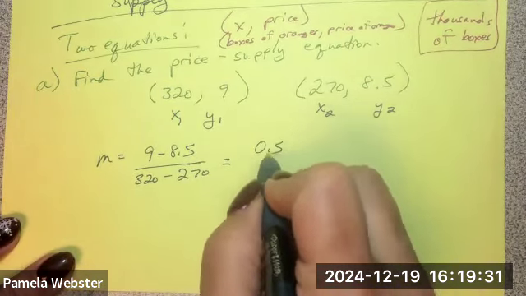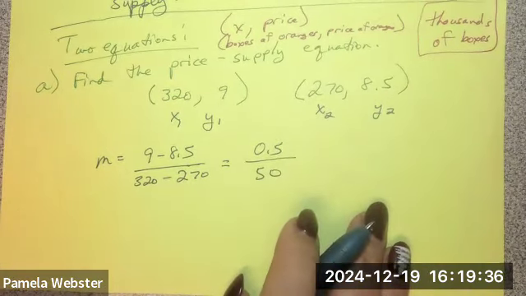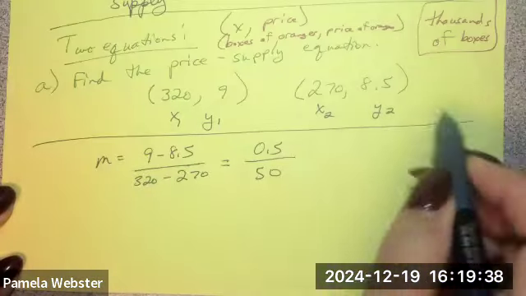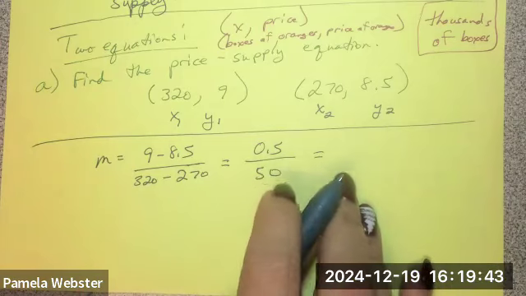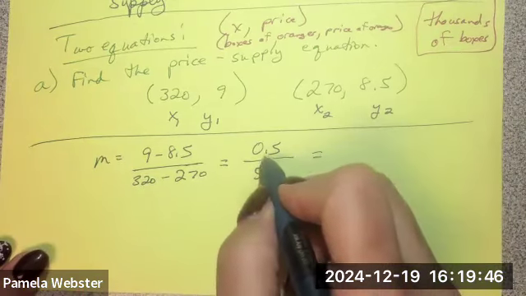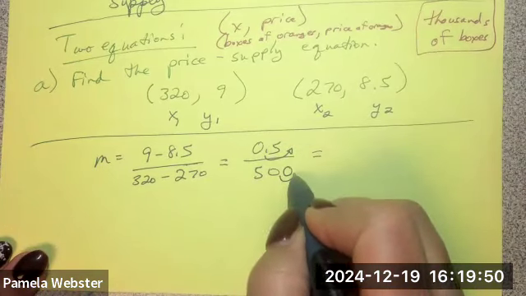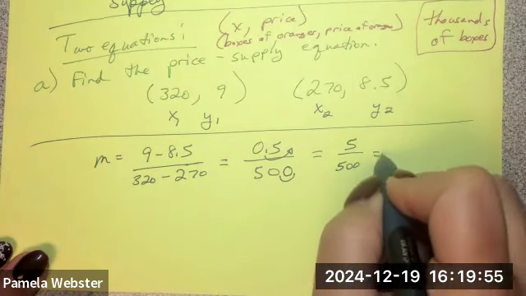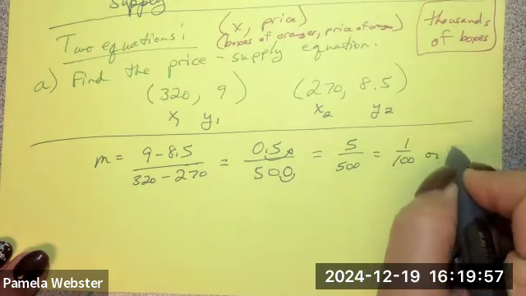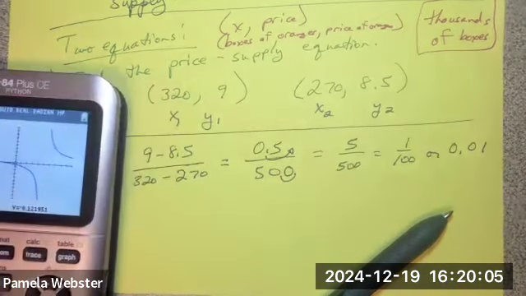That's 0.5 over 50. I feel like we can probably do this math, but just be careful with it. I'm going to move this decimal over because I don't like having the decimal in the equation. But if you do that, you need to add a 0 or move a decimal here. So I think this is 5 over 500 or 1 over 100, 0.01.